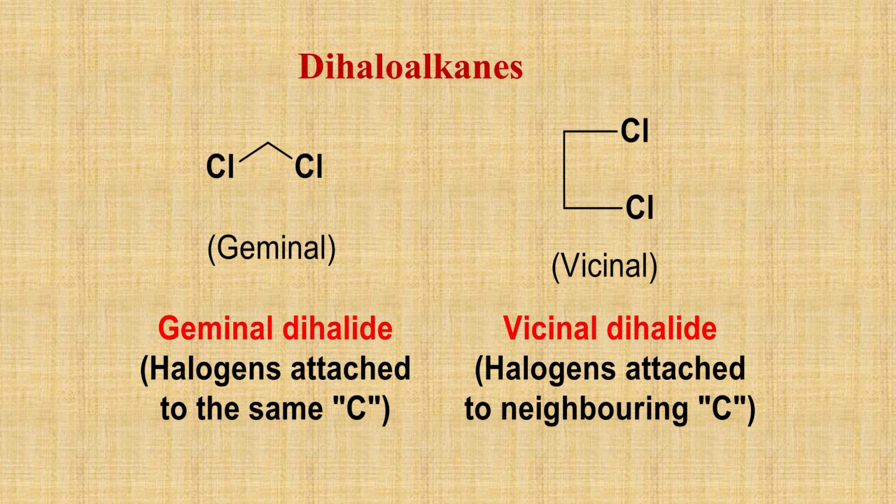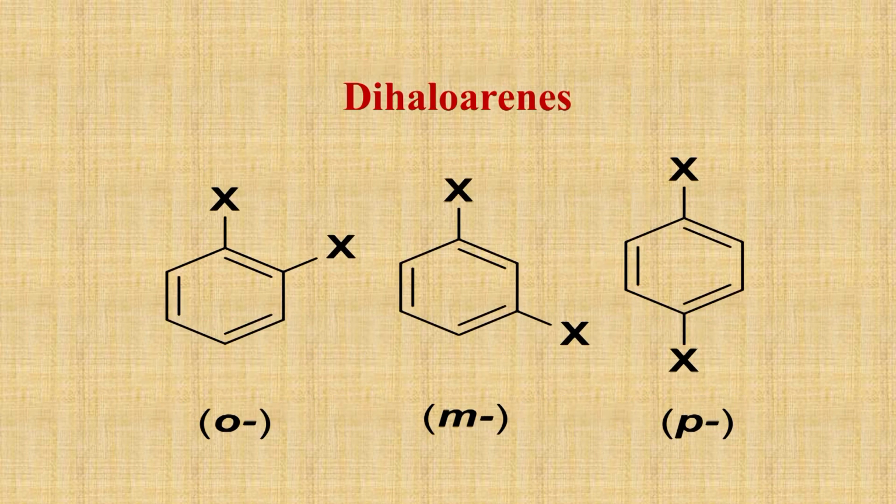Similarly, you have dihaloarenes. Look at the structures in the next slide. Dihaloarenes means a benzene ring system having 2 halogens. Remember students, unlike dihaloalkane, you cannot attach 2 halogens to a single carbon in benzene, because each benzene carbon is already attached to a double bond.